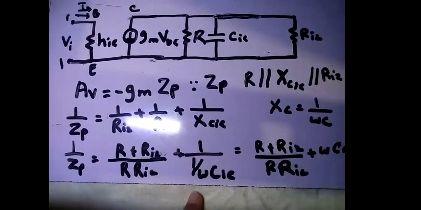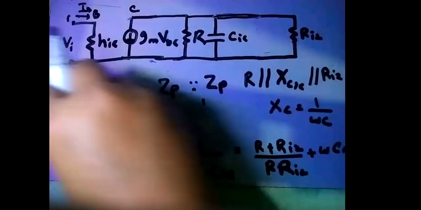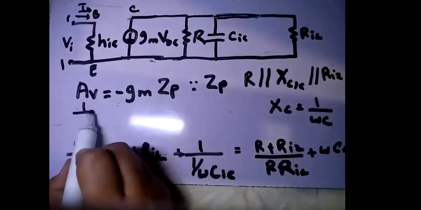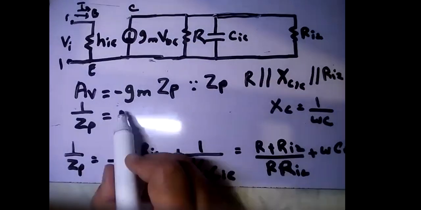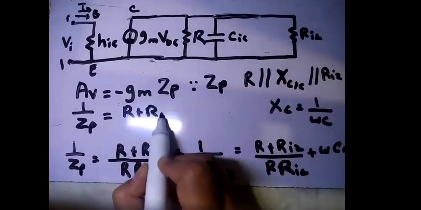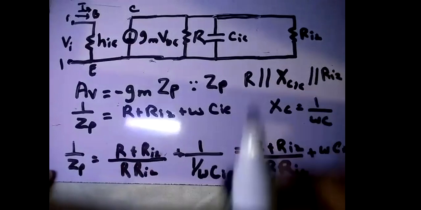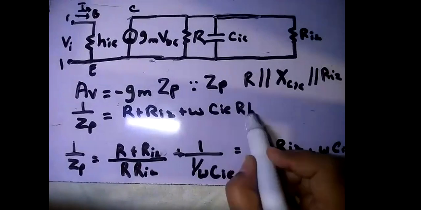Okay. Now, further simplifying that, I should remove this one. So I'm further writing the final term. After the simplification, it will become R plus RI2 plus omega CIE R RI2.